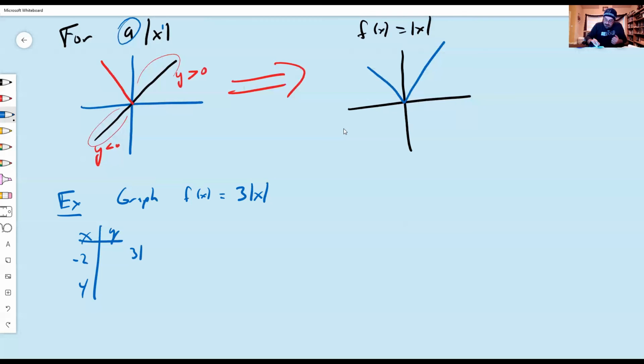So 3 times the absolute value of -2 is just 3 times 2, or 6. 3 times the absolute value of 4 is just going to be 12. So we're going to have a very, very steep curve here.